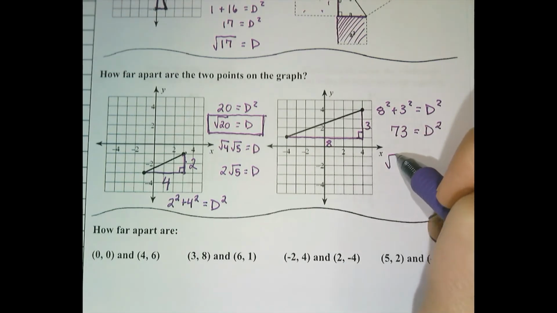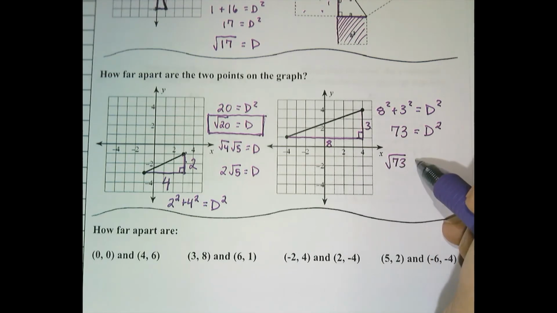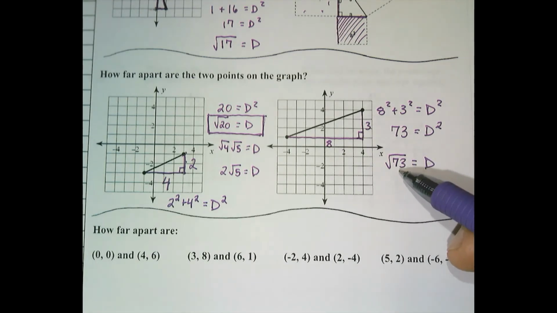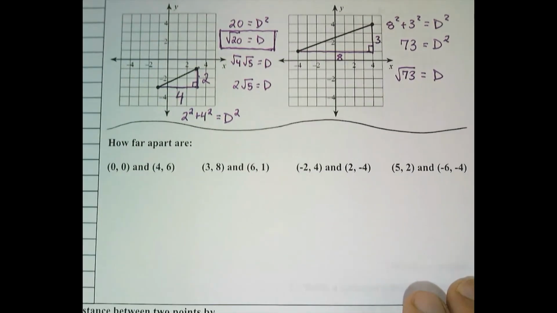And if we square root both sides, we get root 73, which doesn't have any factors that are perfect squares. So I think 73 is a prime number. I can't think of any factors off the top of my head.